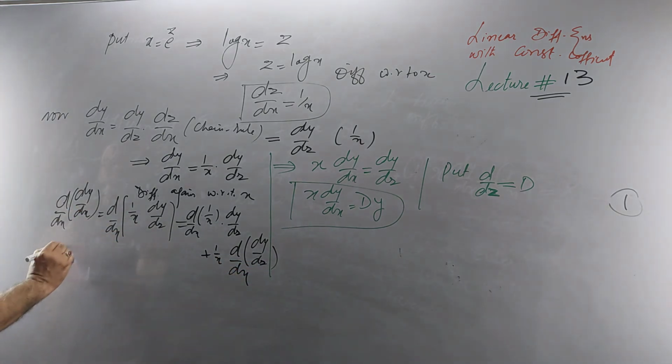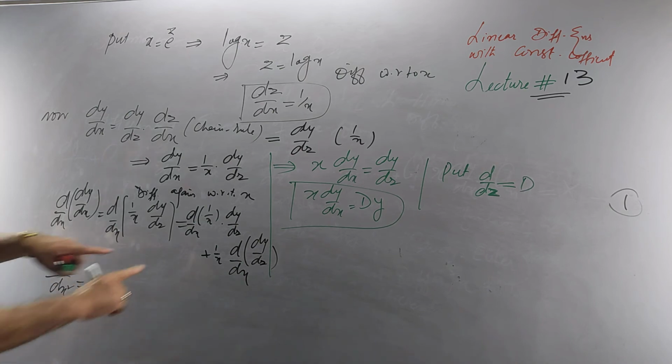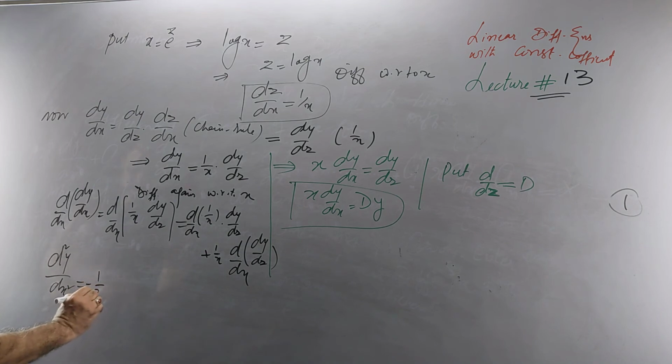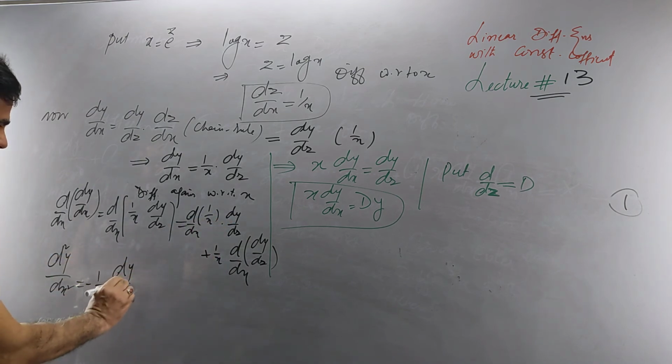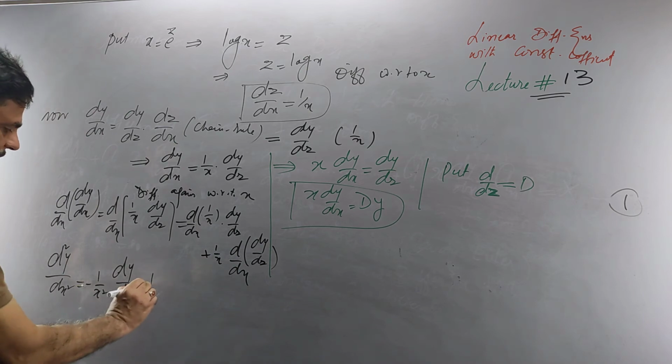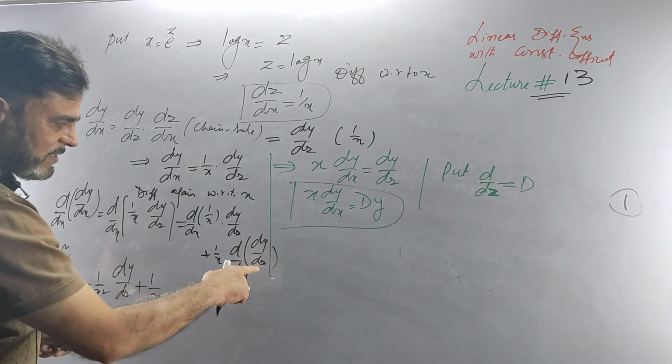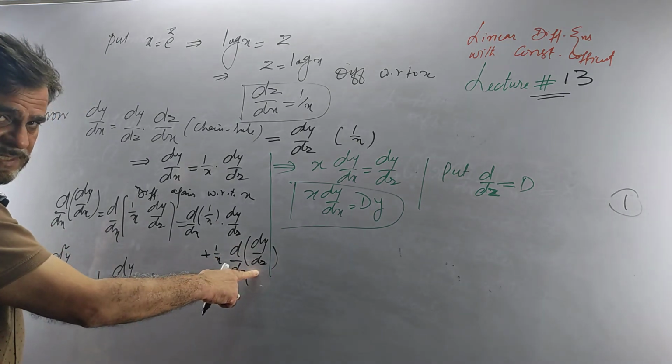This is your d2y by dx square. Be cautious. The derivative of 1 by x with respect to x is minus 1 by x square. This is your dy by dz. This is plus 1 by x. Now here I will use the chain rule because with respect to z, it is the independent variable z.